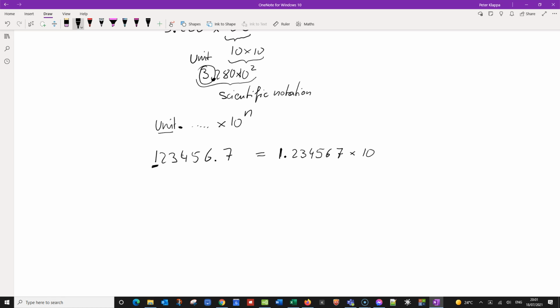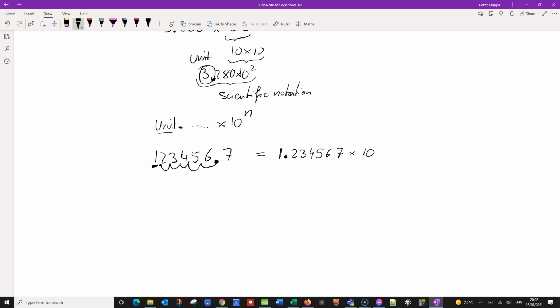and now we need to find out what this n is. And how can we find that out? Well, there is a simple trick that you can use. In order to find out what this n is, you count how often you have to move this decimal point to get it to this position here, just after the 1. So let's see how we do that. We would move it 1, 2, 3, 4, 5.